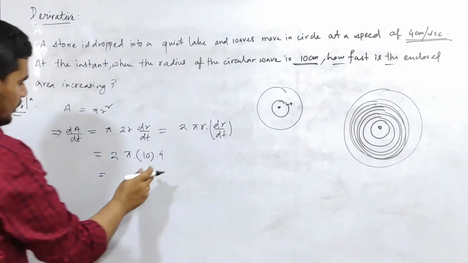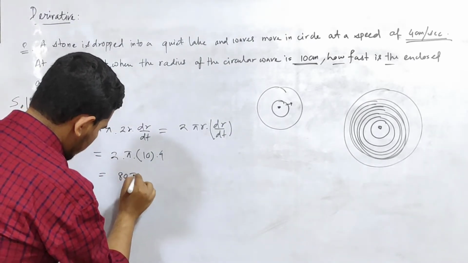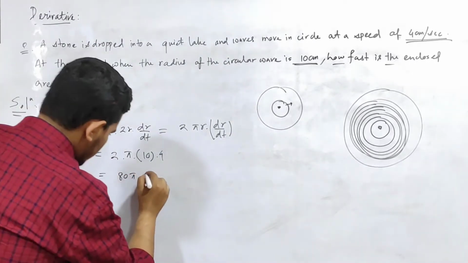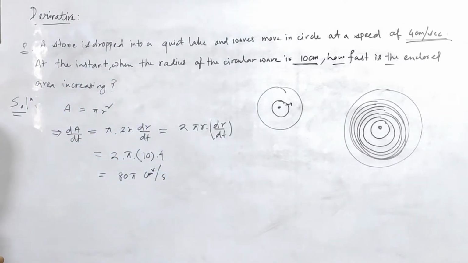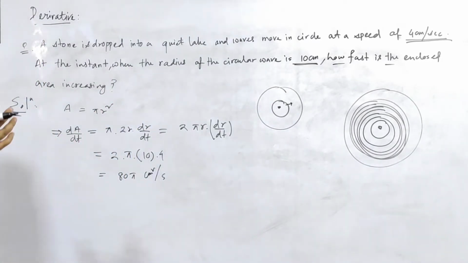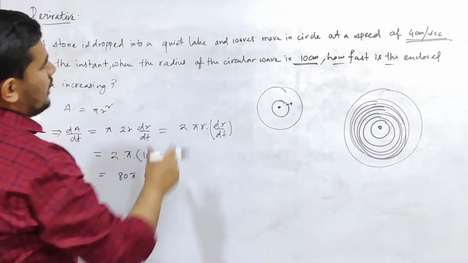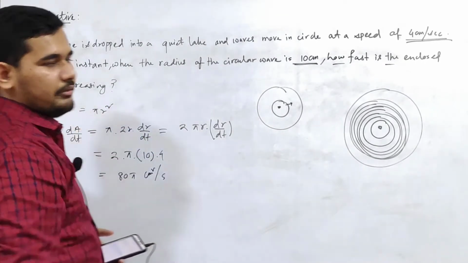When we simplify, we have 4 into 10 is 40, 40 into 10 is 80 pi, hmm, that is 2 into 40, 80 pi. So the area is changing at 80 pi centimeter square per second. So this is a physical problem where you can use the concept of derivative, and you can clearly see why we need the concept of derivative.